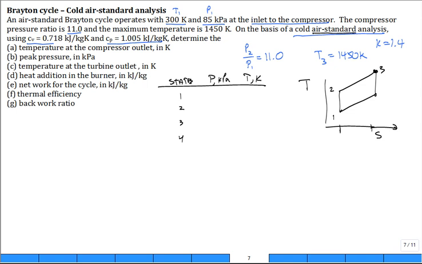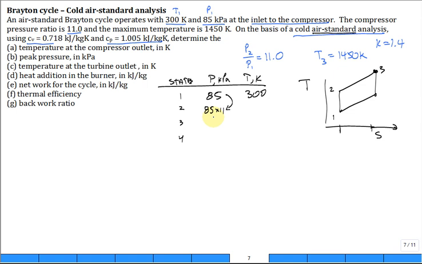So let's go ahead and put in here 85 and 300. How do I get pressure at state 2? It's not 85 anymore. What is it? You multiply by the pressure ratio of 11, true? So if you multiply by 11, you'll get some number. So this is 85 times 11. Okay.